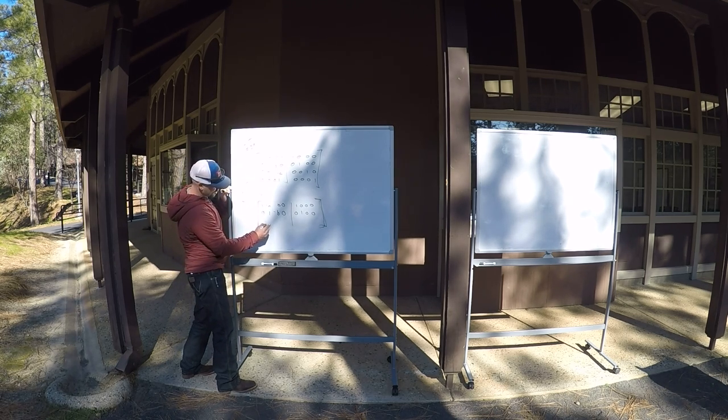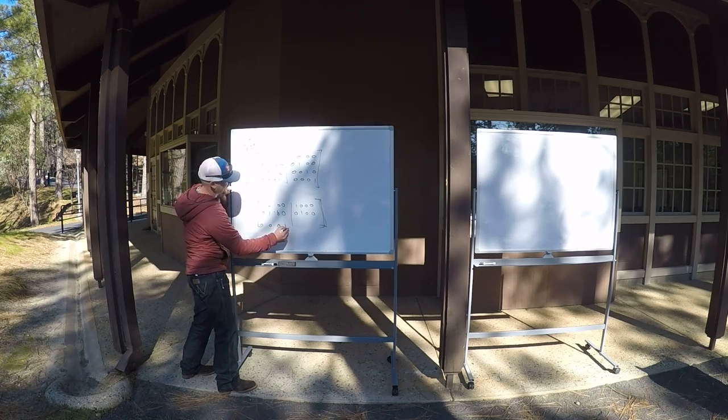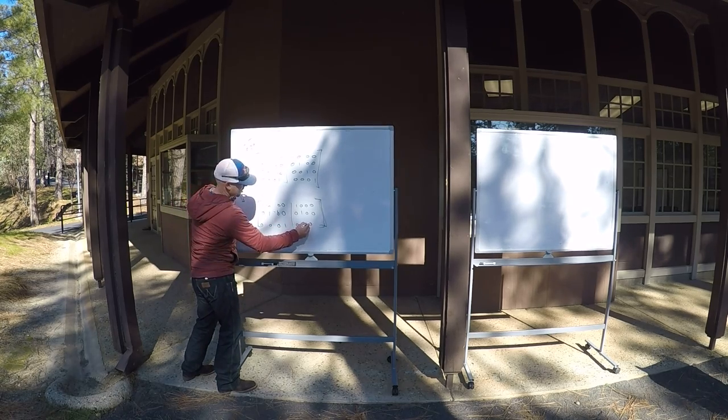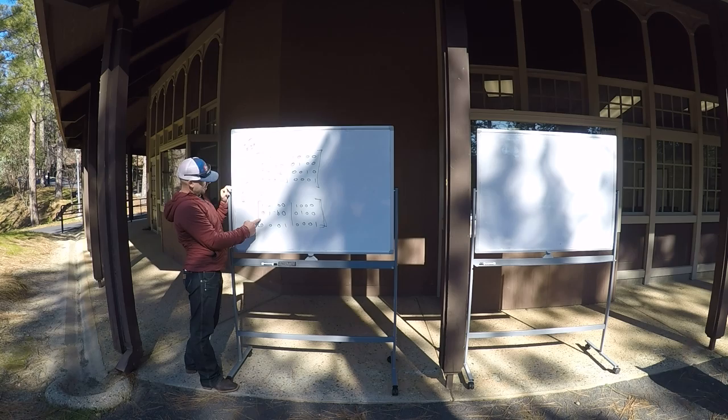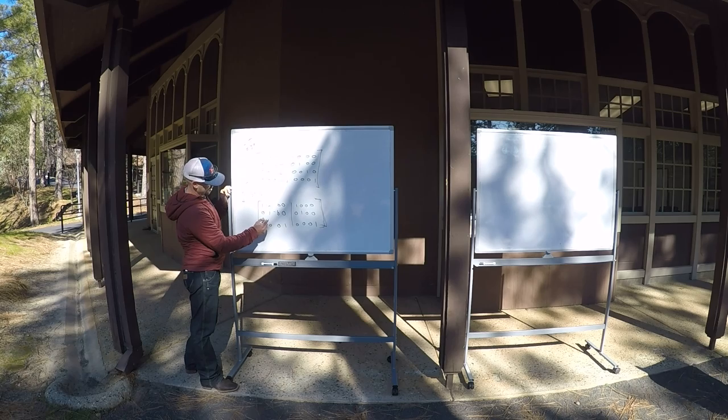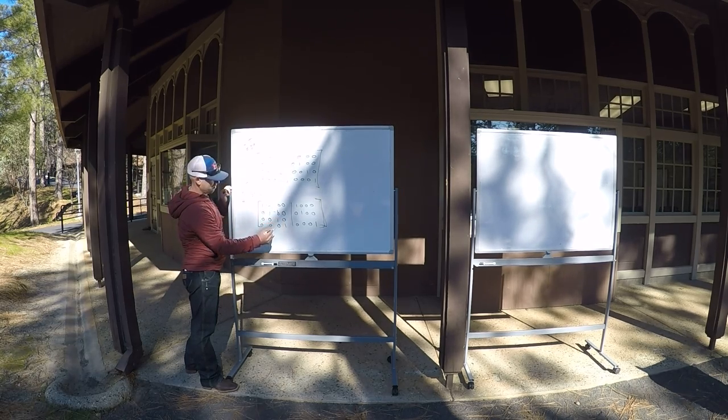So my bottom row is going to stay exactly the same. In fact, my bottom row is going to continue to stay exactly the same, right? Because that one's already done. So C times row 4 is going to give me a 0, 0, 1, 0.